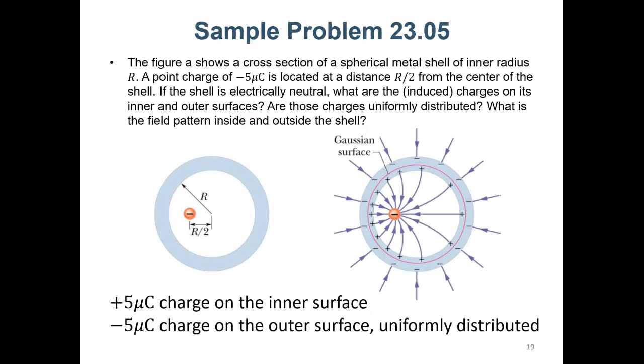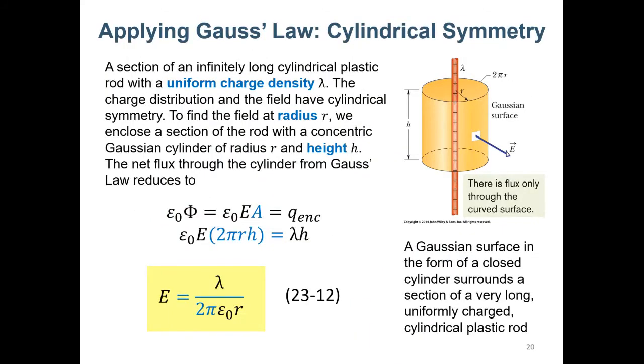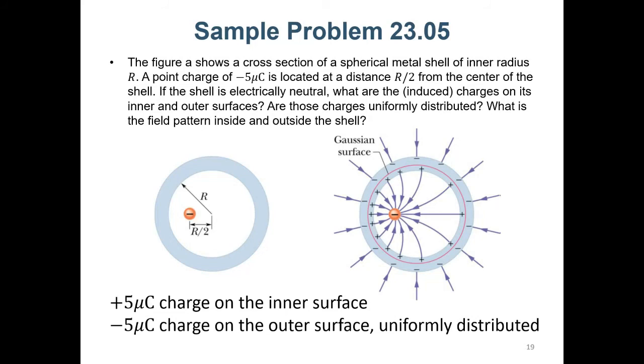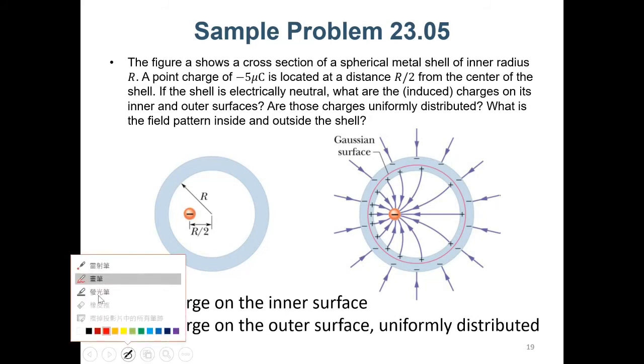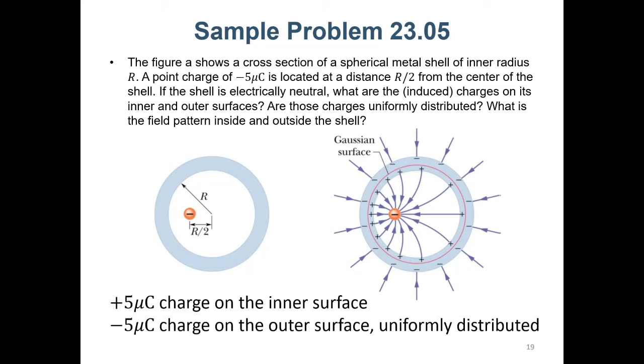Okay. So here's another sample problem. Actually, it's not difficult. Here the figure shows a cross section of a spherical metal shell. The inner radius is r, and a point charge of -5 μC is located at a distance from the shell.